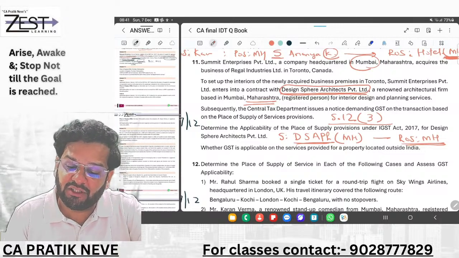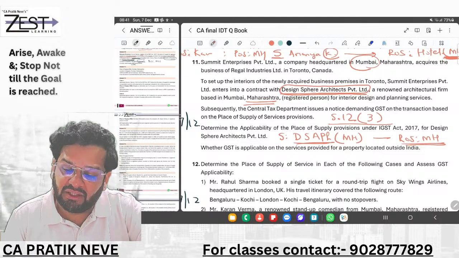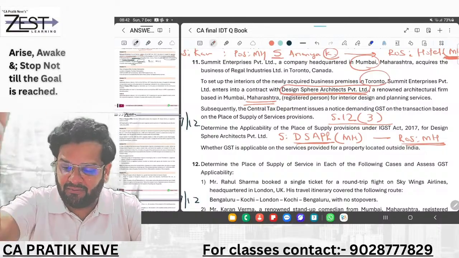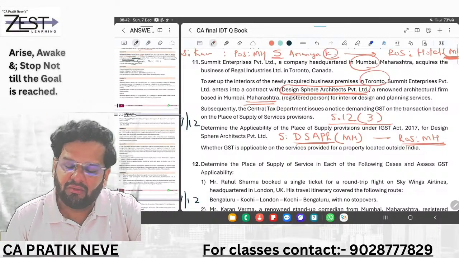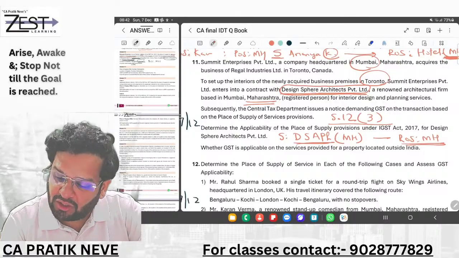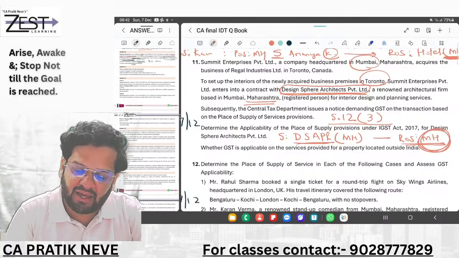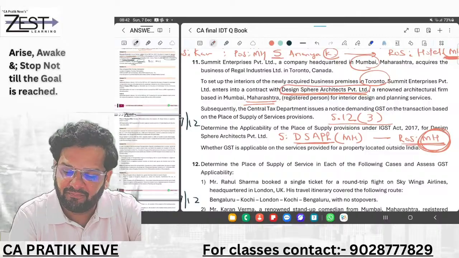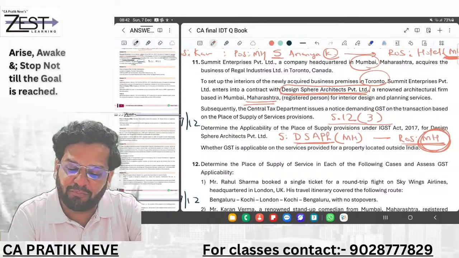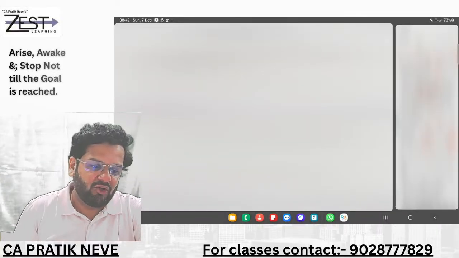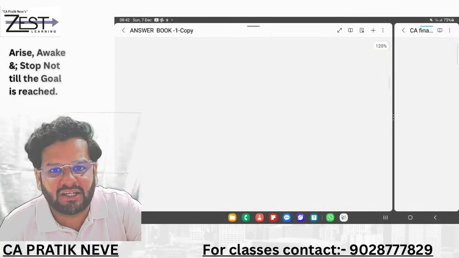But where is the property to be located? Property is going to be located in Canada. Now you know, place of supply will be location of recipient of supply, that is Maharashtra. So friends, place of supply is also Maharashtra. Location of supplier is also Maharashtra.